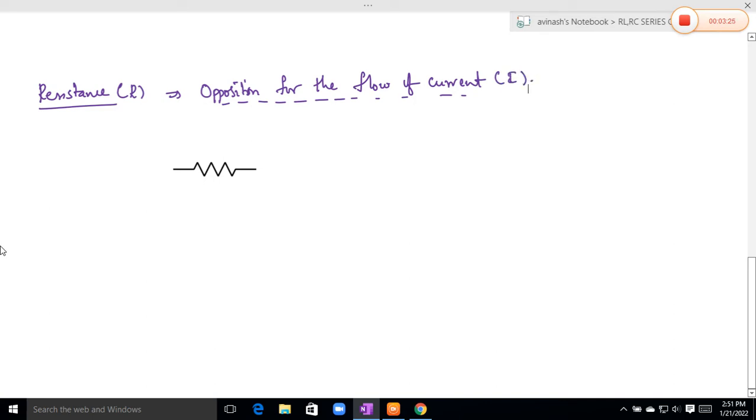So resistance is a measure of how the flow of current can be opposed or resisted. This opposing force is called resistance.